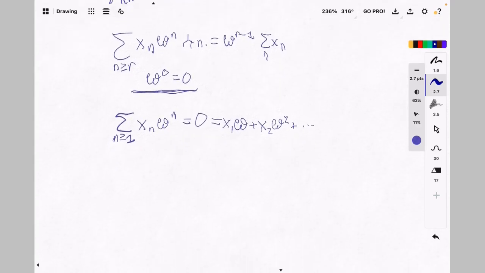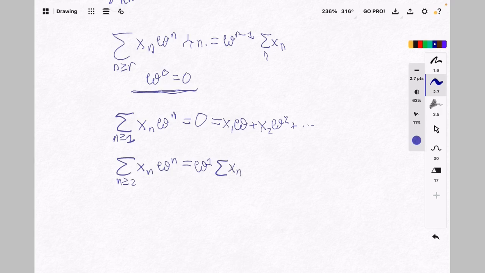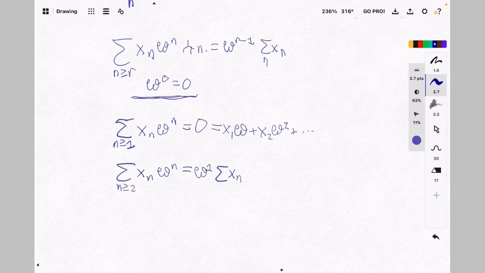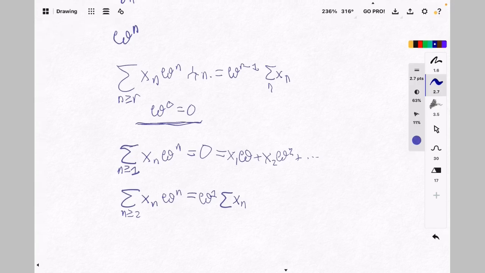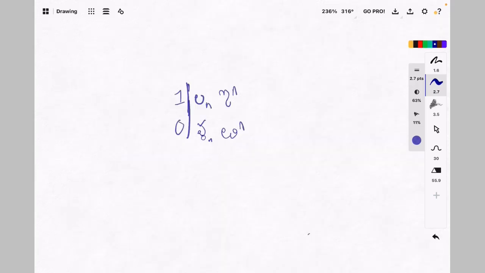But then if we just go from n greater than or equal to 2, xn tritel to the n, we get tritel to the first power. You don't really need to write the 1 because it's probably assumed, but I'm doing it anyways. Tritel to the first power times the sum of all the xn's. So that's pretty much what we're dealing with, just infinite sums.